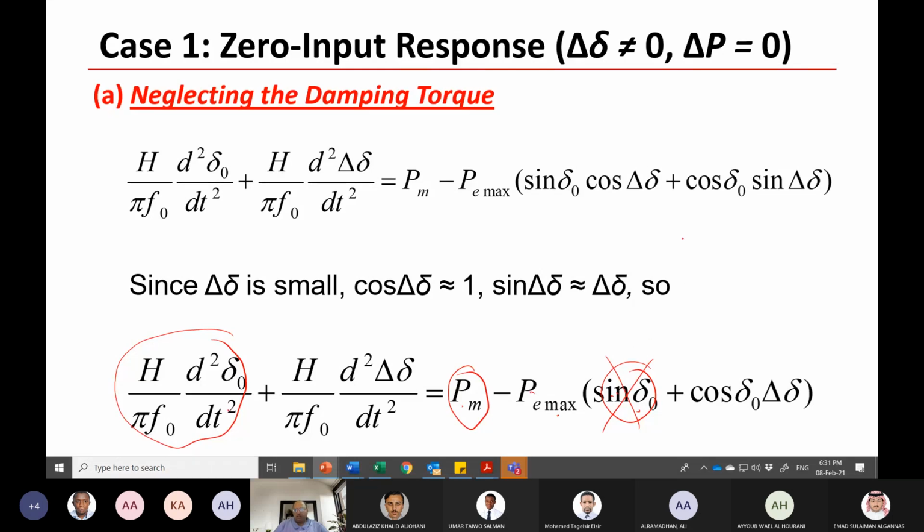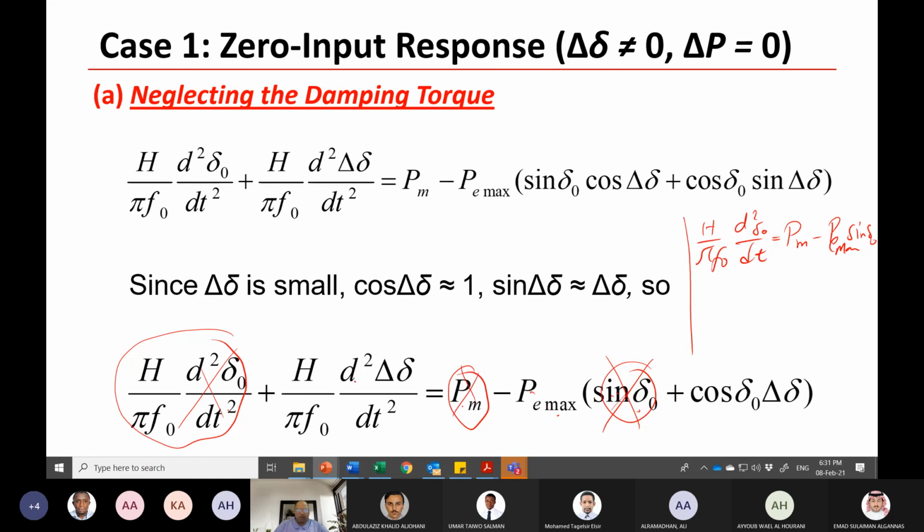Now, at steady state, this equation can be written as H over pi F0 times d square delta over dt square equals B mechanical minus B max sine delta 0. This is an initial condition at the operating point. This is valid, so this one will go with B mechanical and this term here.